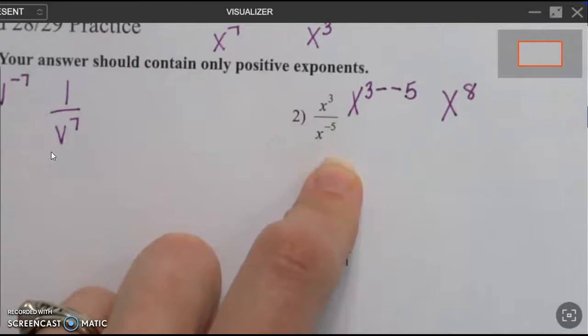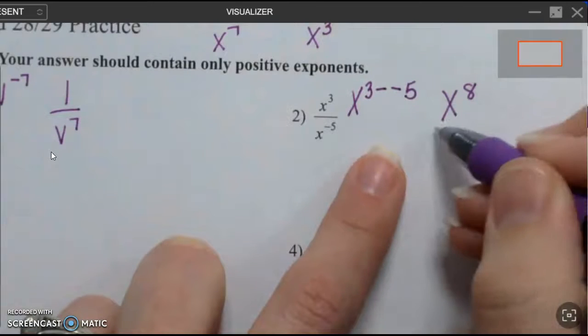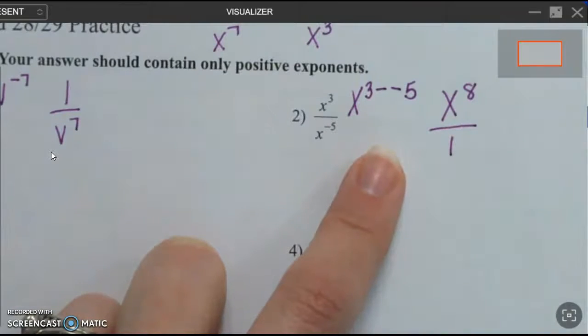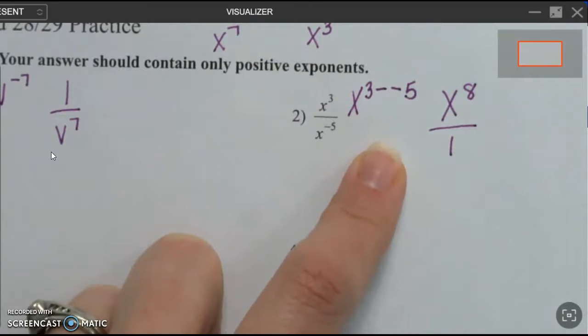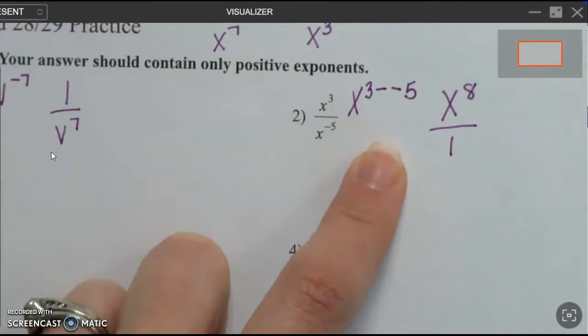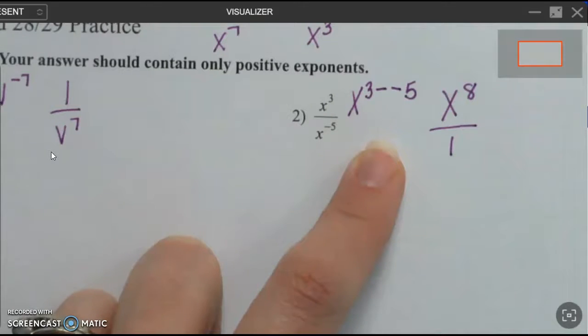Should you move that x to the 8? No, because it's not a negative. So I leave that there. So your question was, what do you put on the bottom? You have 2 choices. You can put a 1 on the bottom, or you could just not. You don't have to put anything on the bottom if you don't want. You do have to put something on the top if there's something missing in the top. Okay?